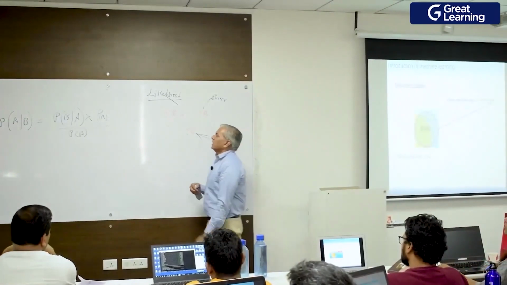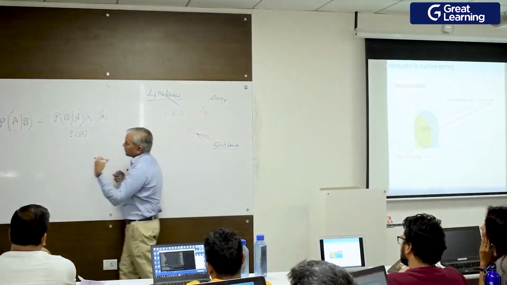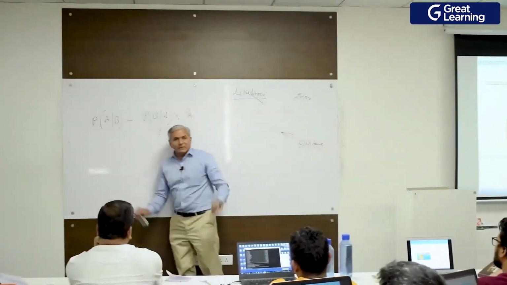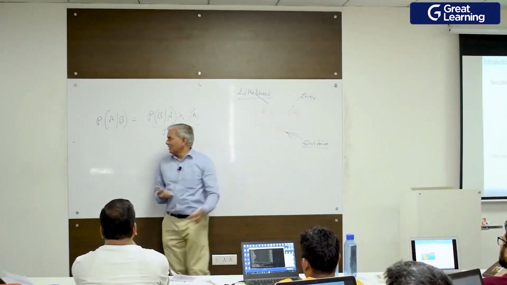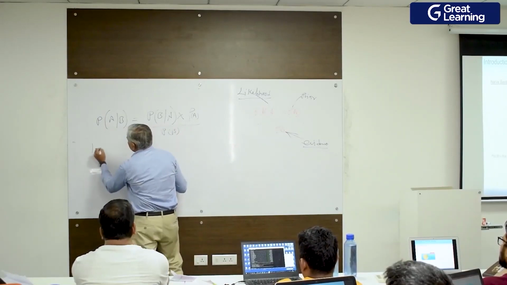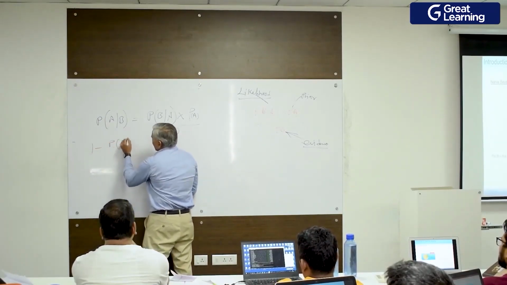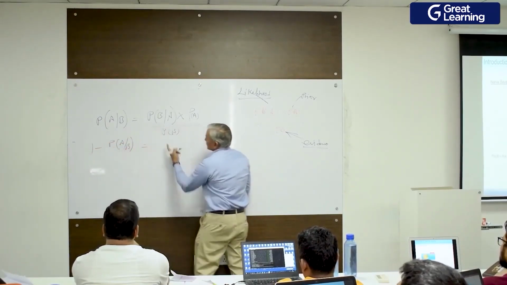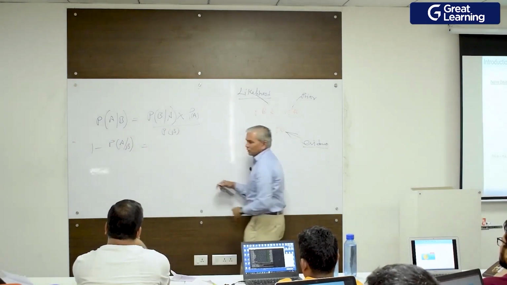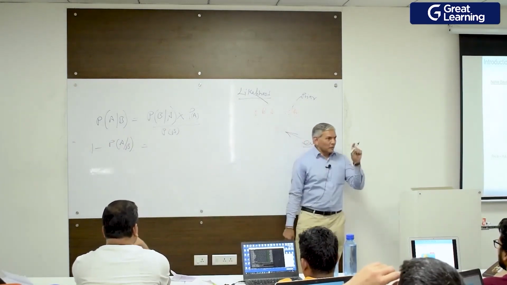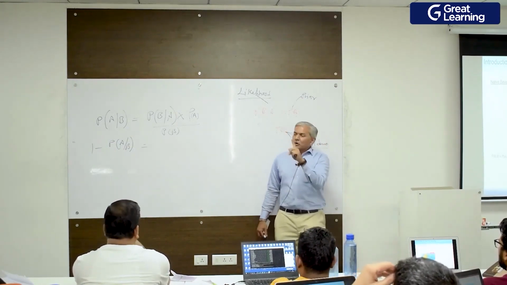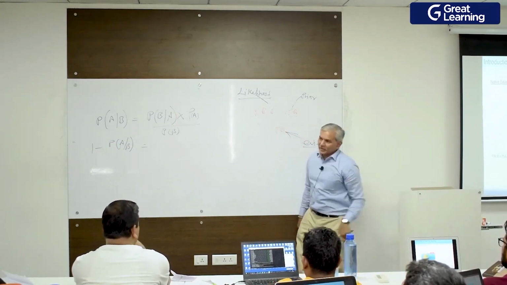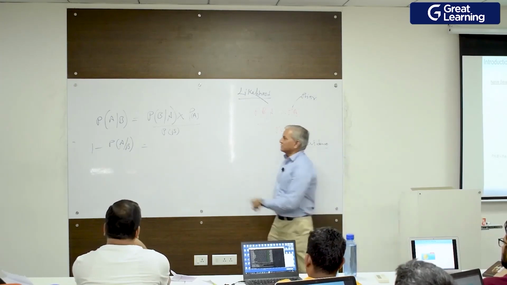Now, what is the probability of not A given B? Whatever the probability of A given B is, this is 1 minus that. Probability of A given B, probability of king given red. What is the probability of not king given red? That's what we're doing here.